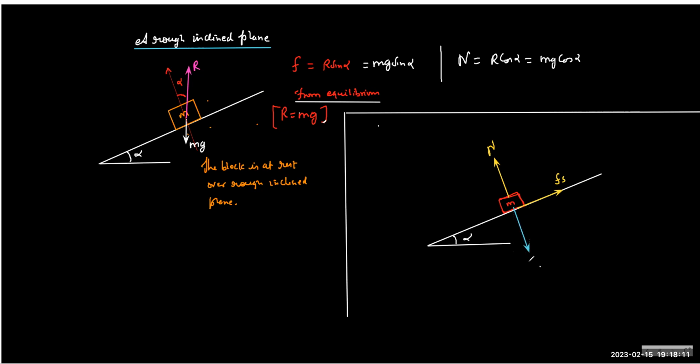We have discussed already. There is no formula for friction. See, mu s into N is the upper limit. The friction can develop up to that value. Does it mean it will develop that value? No.